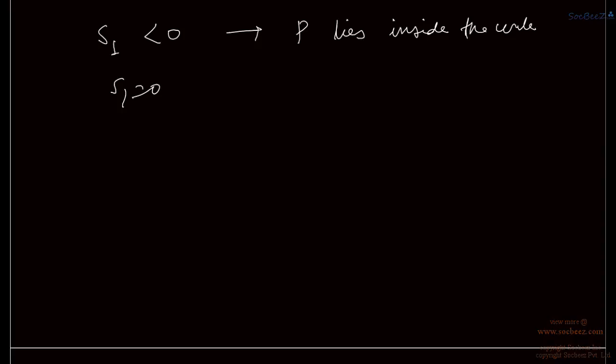And if S1 is equal to 0, definitely point P lies on the circle, that means it satisfies the equation of the circle. In this way we can find the position of a point with respect to a circle.